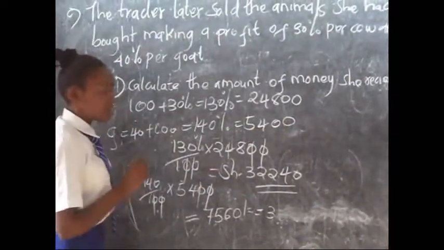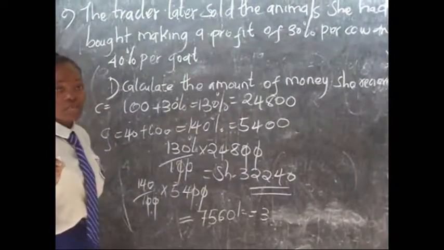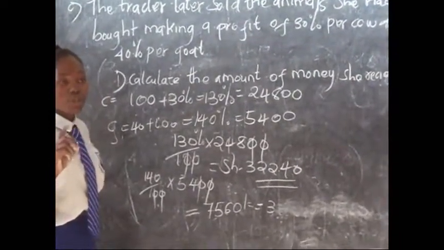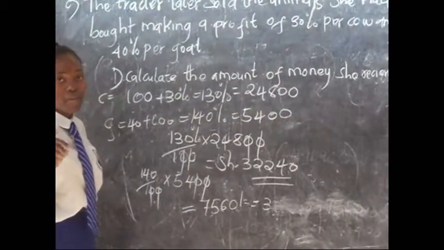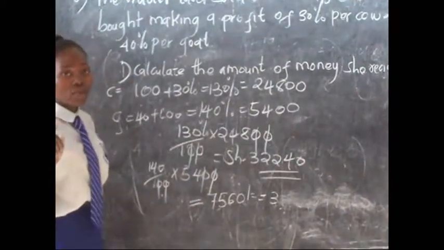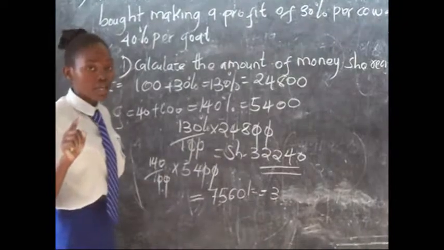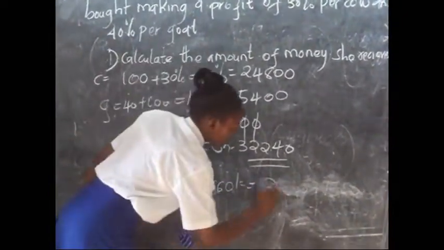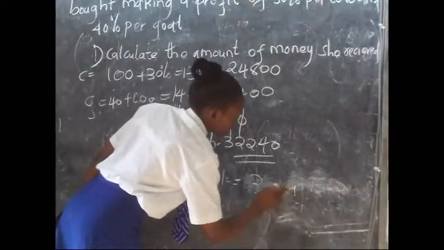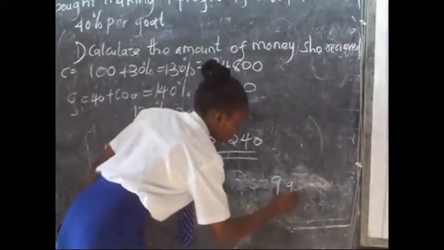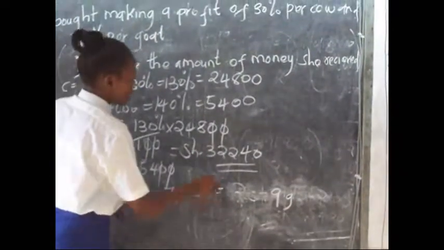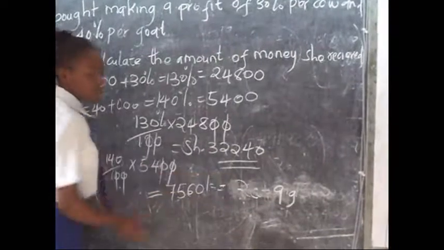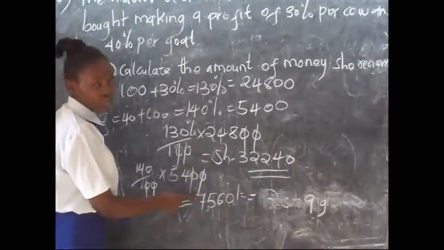Before the person had an increase, the initial buying price was 98,200. So we are going to take our first equation, which was 2 cows plus 9 goats, which was 98,200 shillings. So we are going to have that equation 2C plus 9G. We are going to multiply 2 times the amount of money this person had as an increase for the cow, and 9 times the amount of money this person had as an increase for the goat.